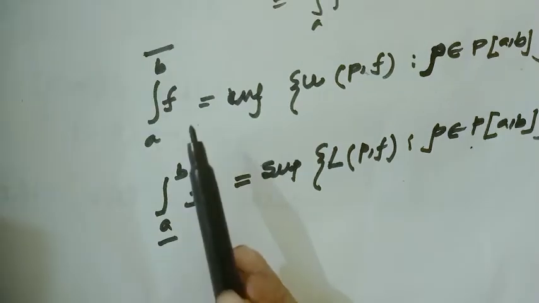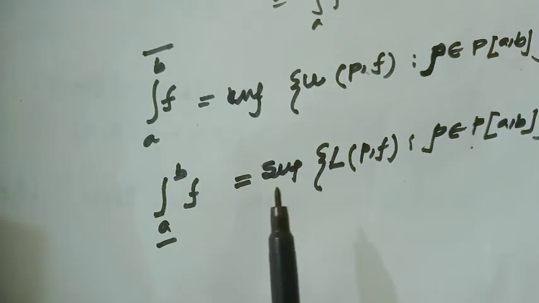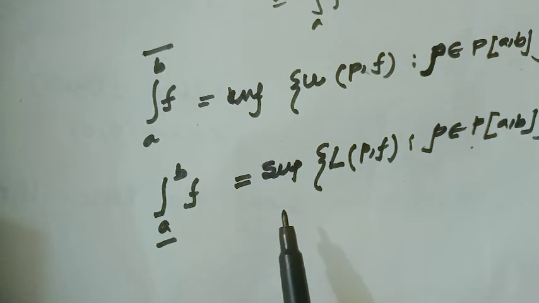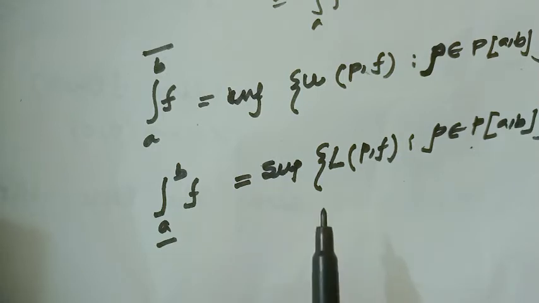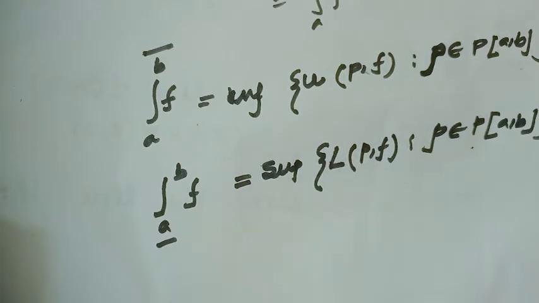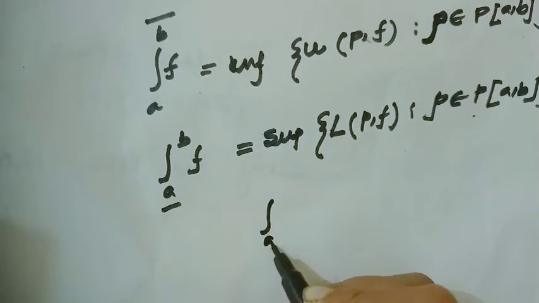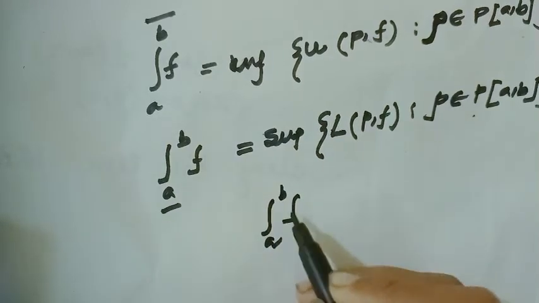Okay, and obviously these are two different sets, but there may exist some value where these two values are the same, and when these two values are the same, then we can say f is Riemann integrable.